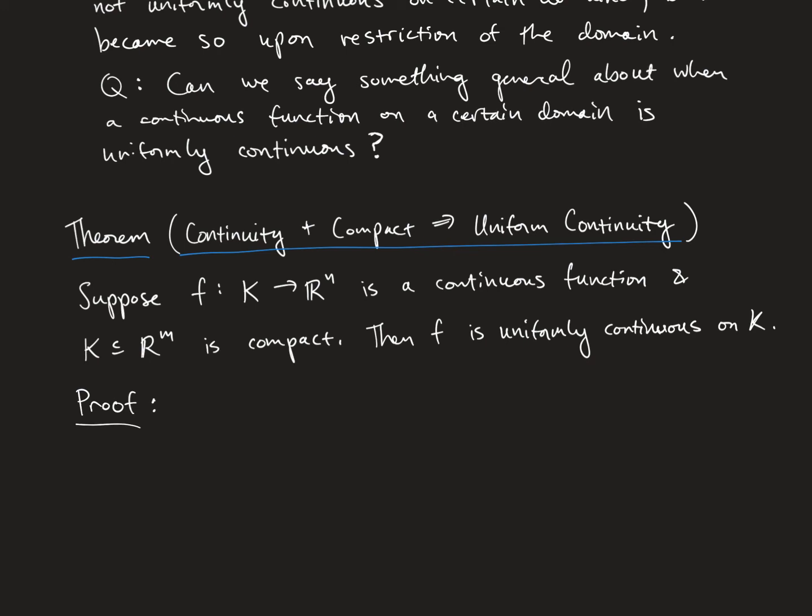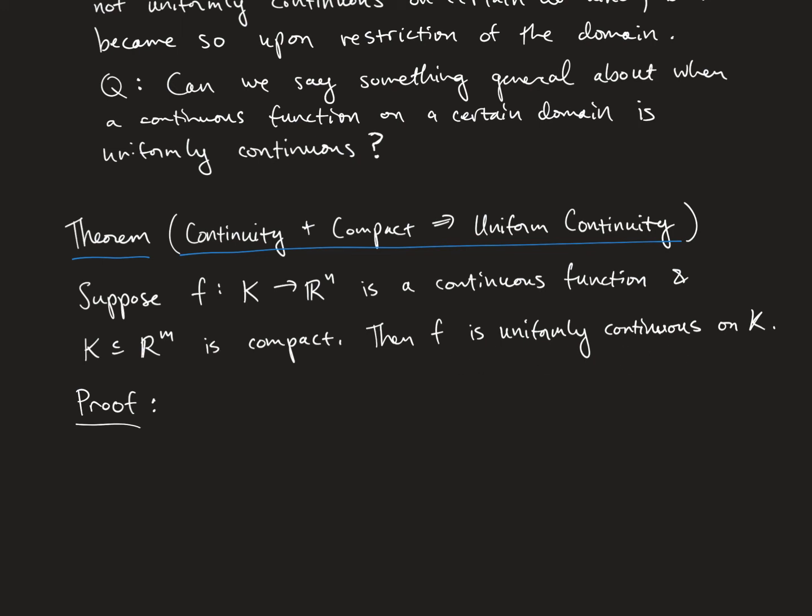So first of all, remember what uniform continuity means. This means that we're going to be given an epsilon, and we have to identify some delta such that as long as x and y are separated by less than delta, then their images are separated by less than epsilon.